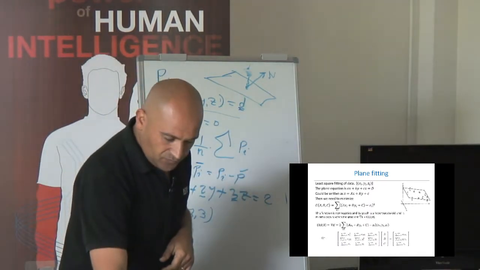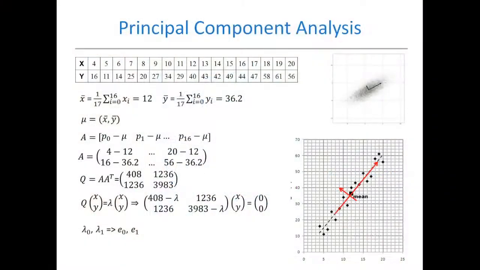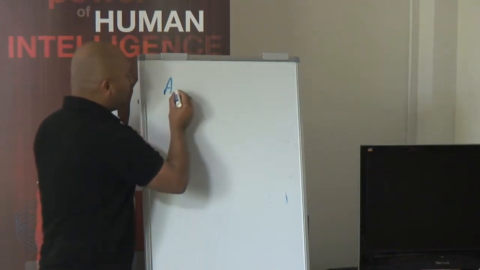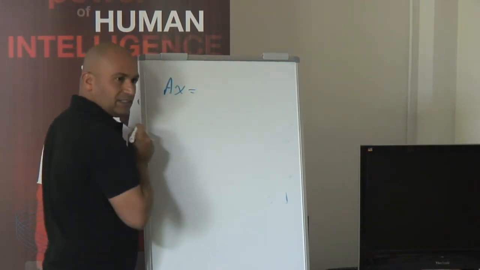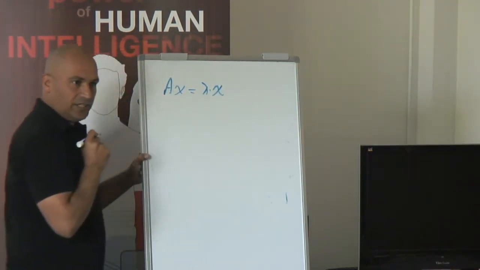Now, the third technique is based on computing the eigenvalues and eigenvectors. So let me just refresh your memories. If I have a matrix A multiplied by vector x, I want this to be a scalar multiplied by the vector x.